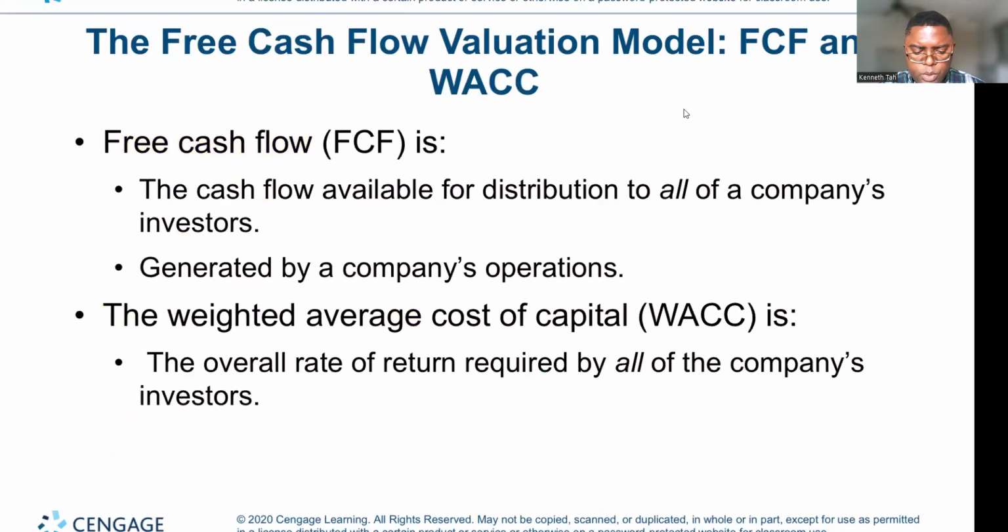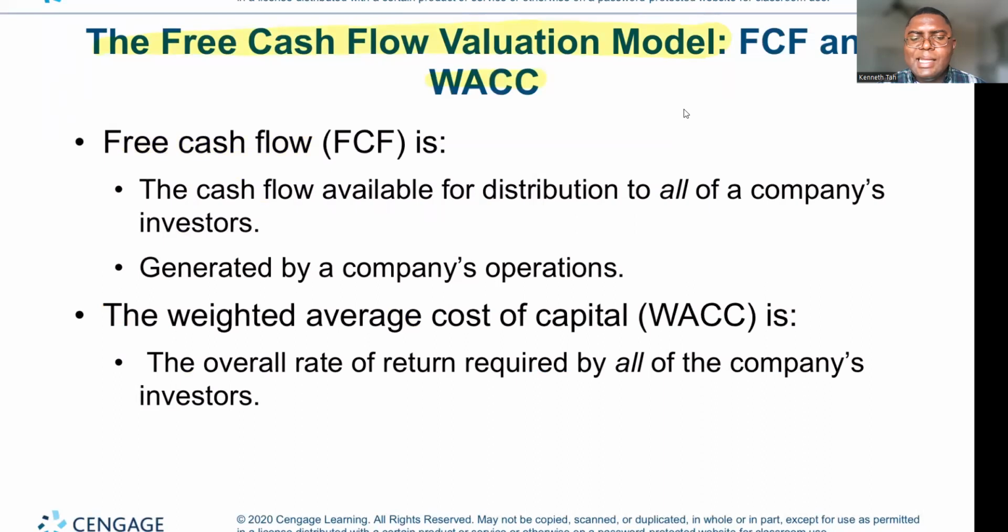All right, so we are going to start with the free cash flow valuation model. In the free cash flow valuation model, we are going to use the weighted average cost of capital as the interest rate. The free cash flow, we had mentioned, is the cash flow that is available for distribution to all of the company's investors.